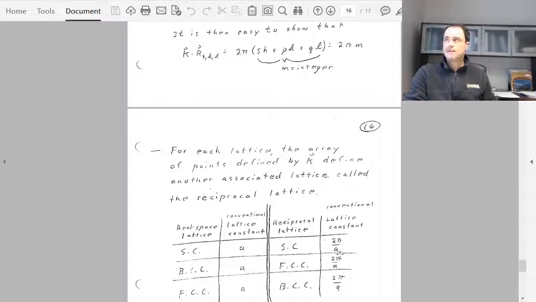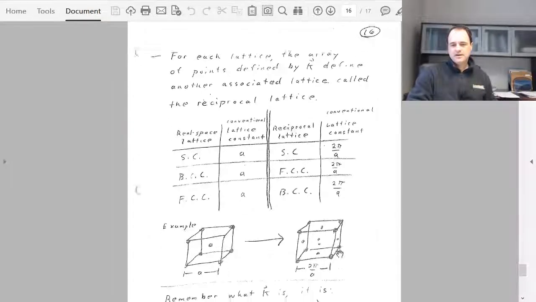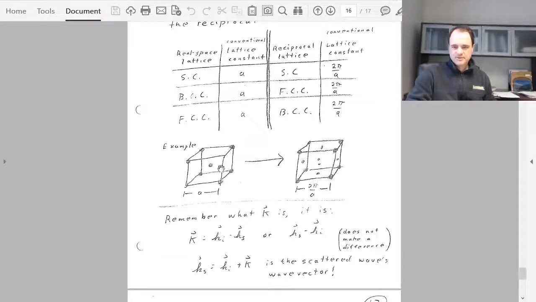All right, so this might be a little bit difficult. I would encourage you to look at one of the solid-state physics books, whether that be Ashcroft and Mermin or Charles Kittel, to get a better handle on this. But basically, what this says is this. This is an example of looking at a BCC, body-centered cubic lattice, there in real space. This is where you may have zinc atoms here, here, here, and here.